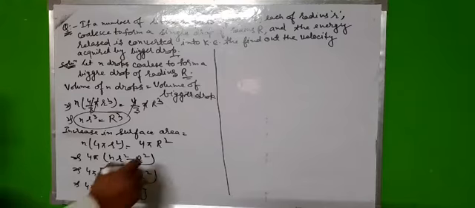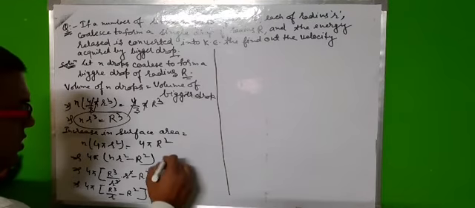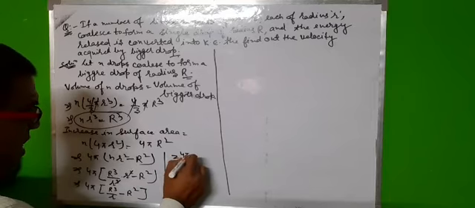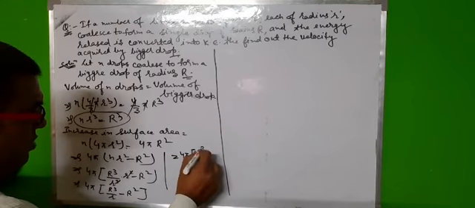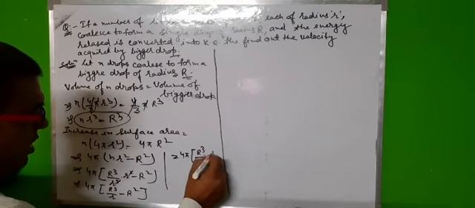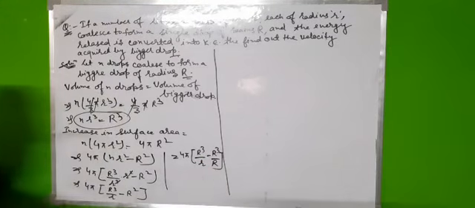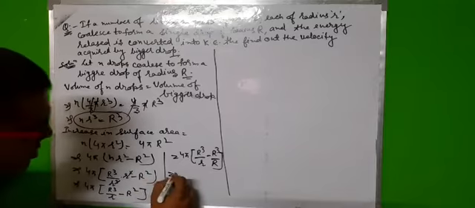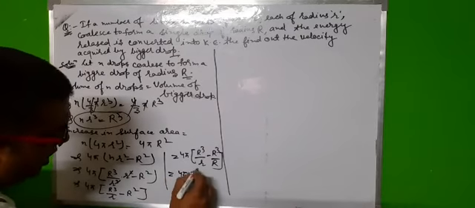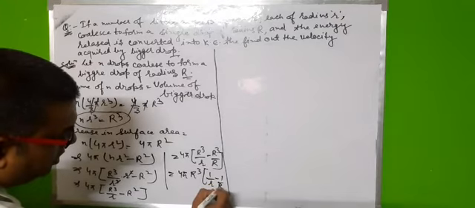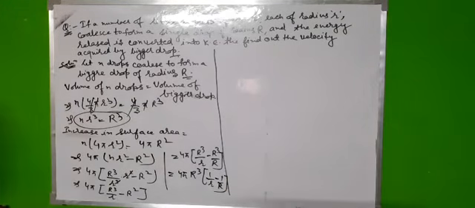It can be written as 4 pi r cube upon r minus r cube upon r. We can write it like this, and taking r cube common, 4 pi r cube, 1 upon small r minus 1 upon capital R.